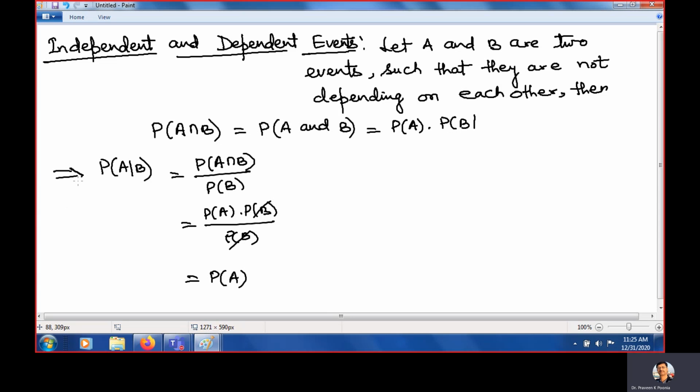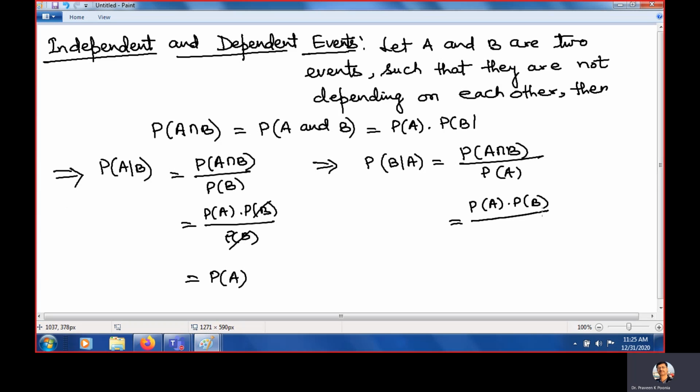Another condition you can take is P(B given A), which is P(A intersection B) upon P(A). Because the events are independent, P(A) times P(B) upon P(A) cancels, so it is equal to P(B).